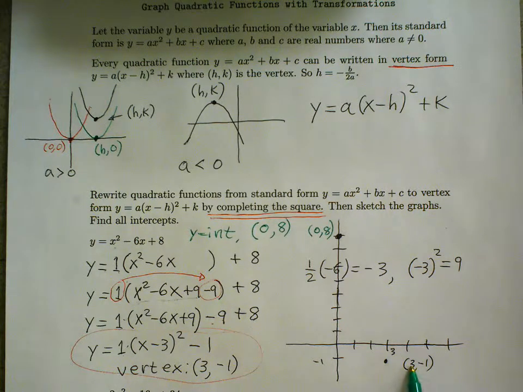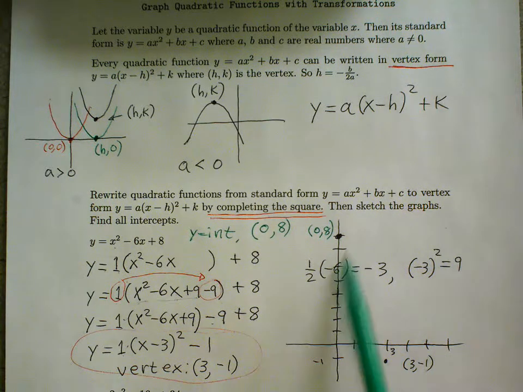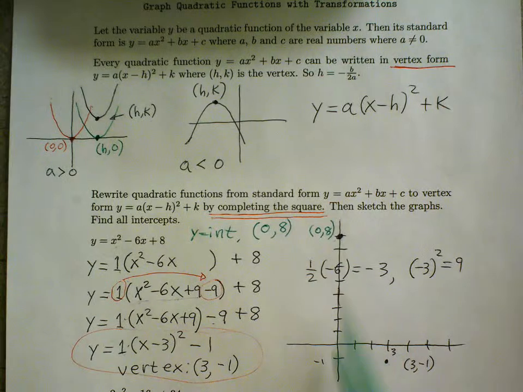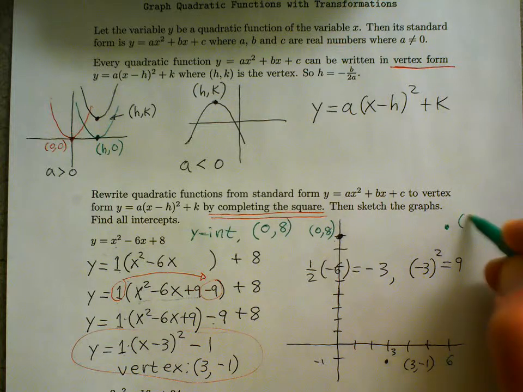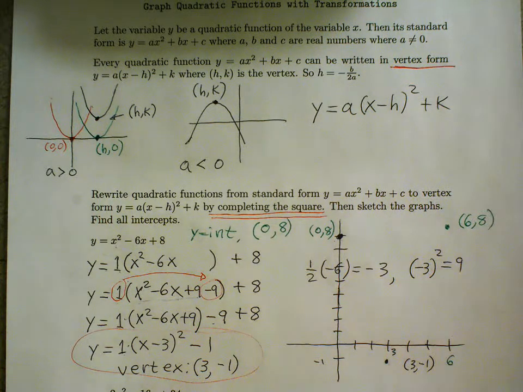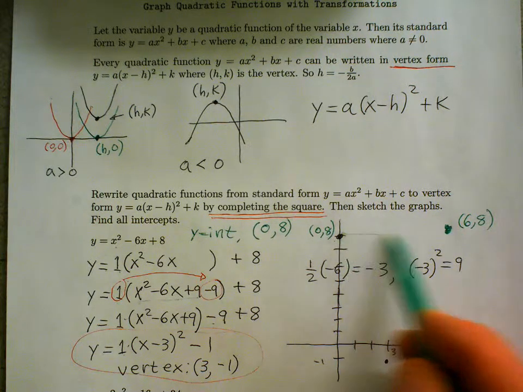So x equals 3 is halfway between the points that are symmetric. So since the y-intercept is 0, 8, then another point, 6, 8, must also be a point on the graph. So they're on the same horizontal line.